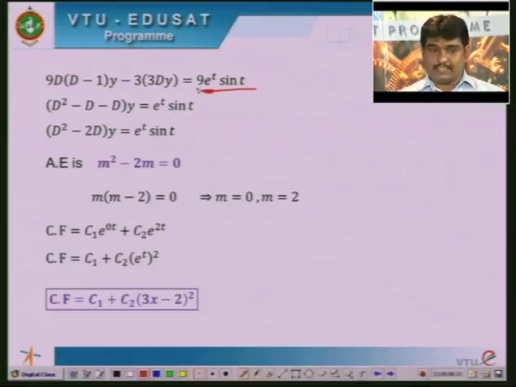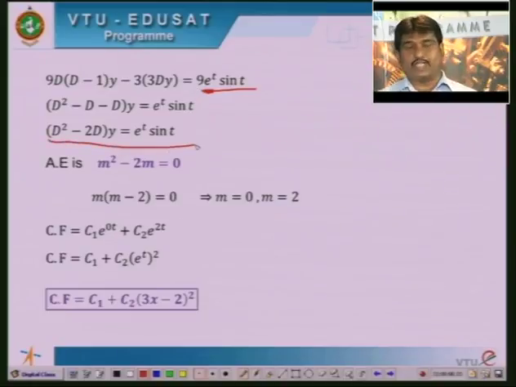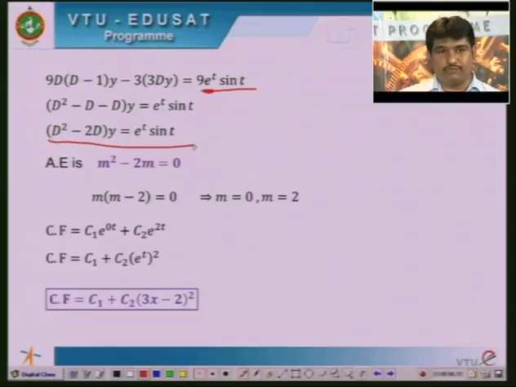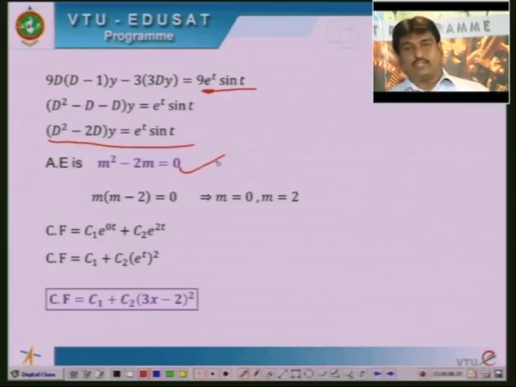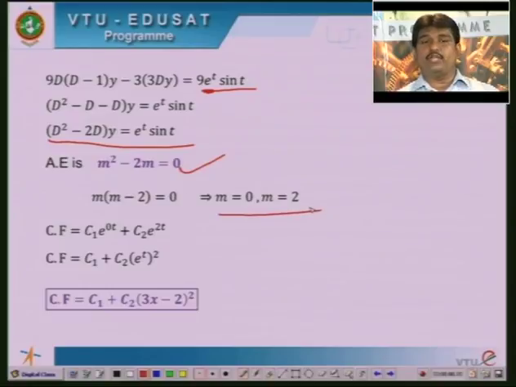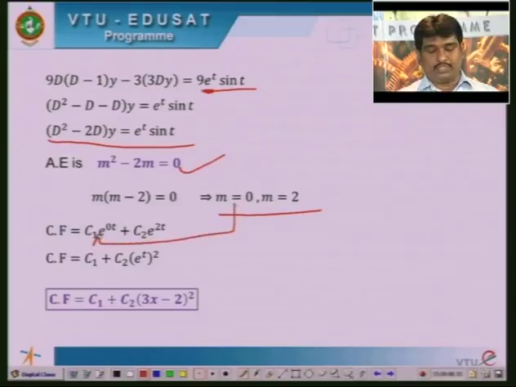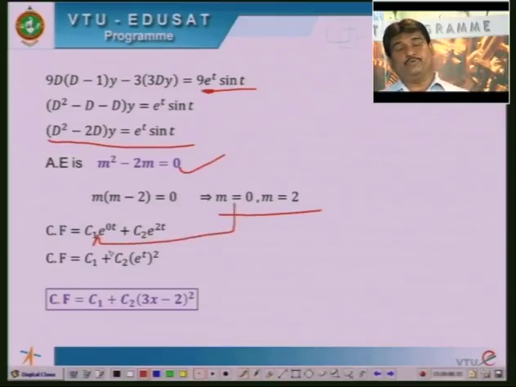You simplify this, we get (D square minus 2D) of y equals e to the power of t into sine t. This is an equation with constant coefficients. Its auxiliary equation is m square minus 2m equals 0. Solve this to get roots as m equals 0 and m equals 2. The part of CF corresponding to m equals 0 is C1 into e to the power of 0t.